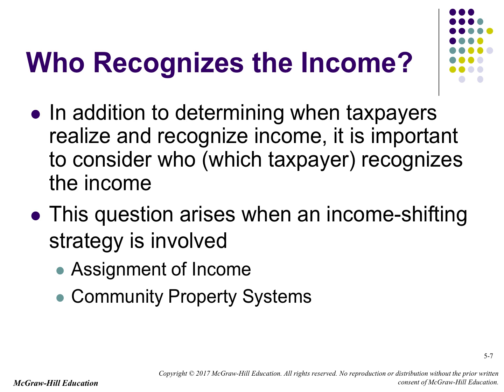Again, we have a judicial doctrine, assignment of income, and we've talked about this before. Assignment of income says, if I earn the money, I also earn the tax liability related to the money. And then we also have this issue of community property states.